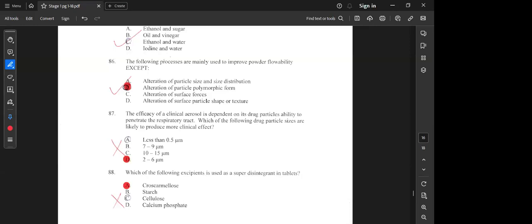Also, alteration of particle size and size distribution does affect the powder flowability. Surface forces, I feel like the cohesion and those also affect the flowability. Well, for polymorphism, would we consider crystals powders?